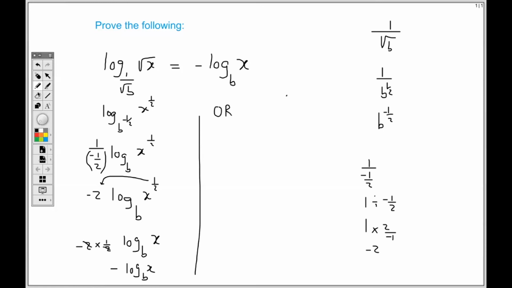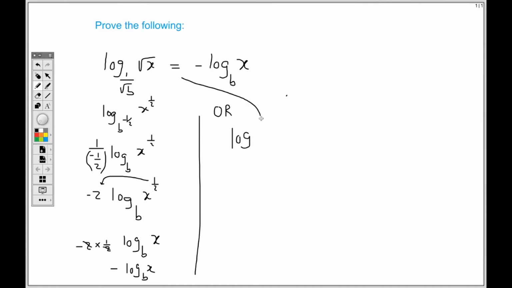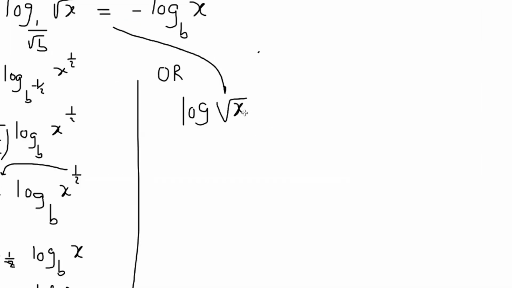Now we have another way that we can do this. Let's look at the next way. So applying the change of base formula, that's what's going to happen here. So I will have log, and the argument in this case is root x, so that goes in the numerator. And then in the denominator, I will rewrite log, but the base will be beside it, which is 1 over root b.